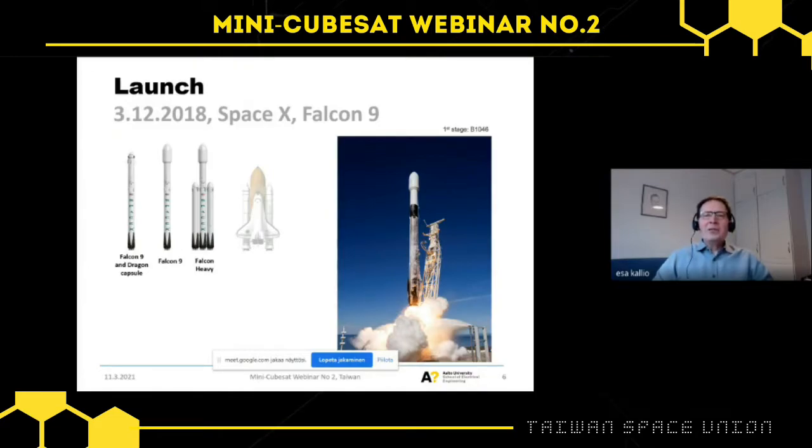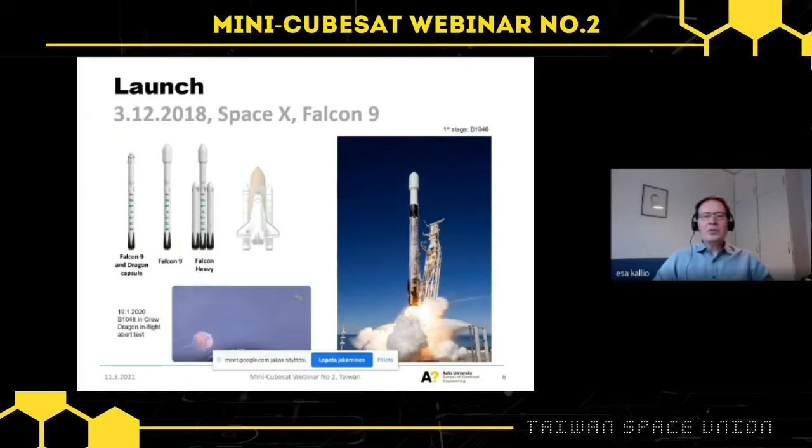This first stage, B1046, was reused several times until a year ago, when it didn't return in one piece because it was used in this crew dragon in-flight abort test.